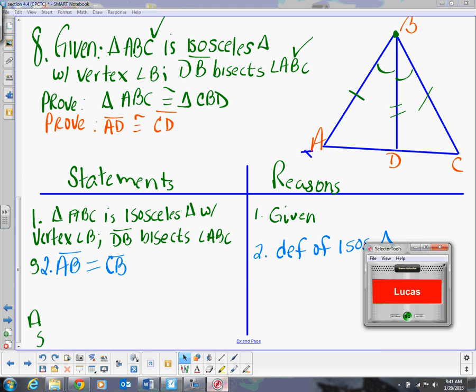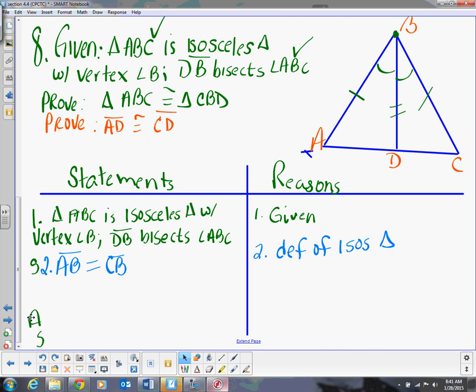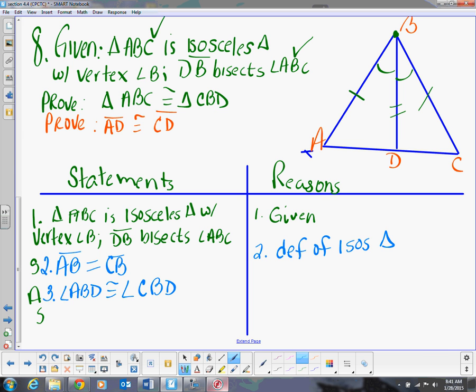One more. So now we need an angle. So where are my angles, Stephanie? Angle ABD is congruent to what, Stephanie? CBD, for what reason? What told you that?